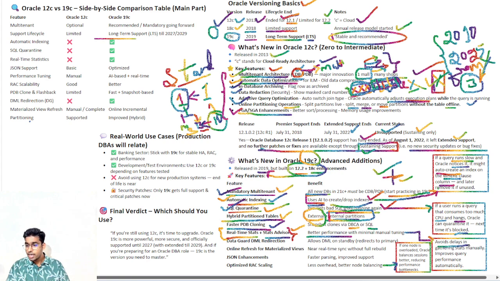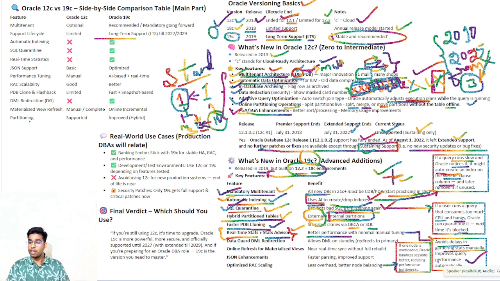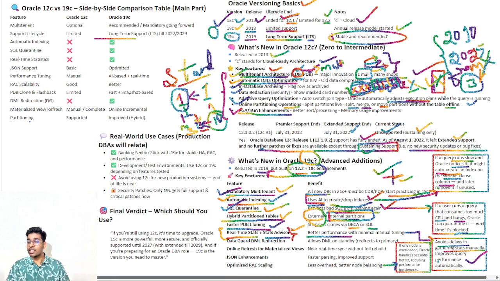It avoids the delay of gathering stats manually and improves query performance automatically. Whenever we run those gathering statistics manually, usually before 19c it took much time. So query performance is improved in 19c because the delays for gathering stats are avoided. This is the best feature we have in 19c.